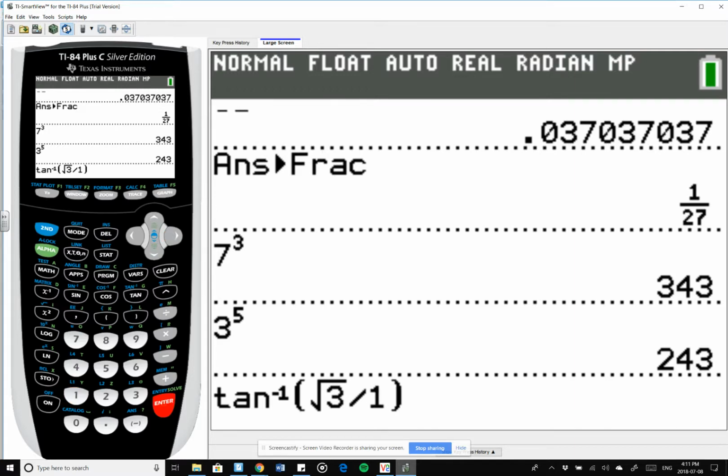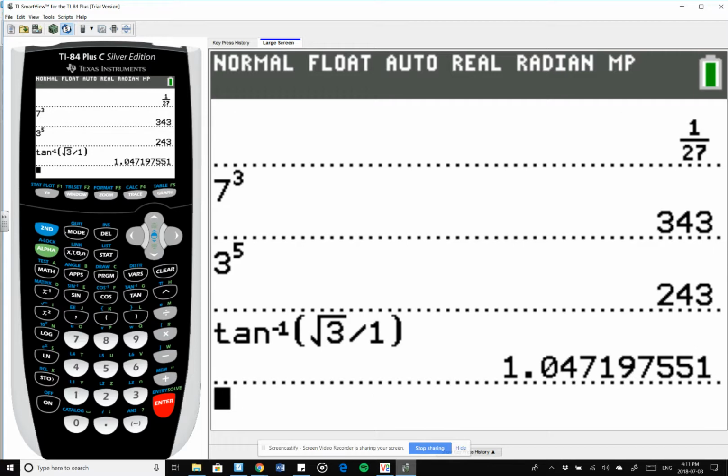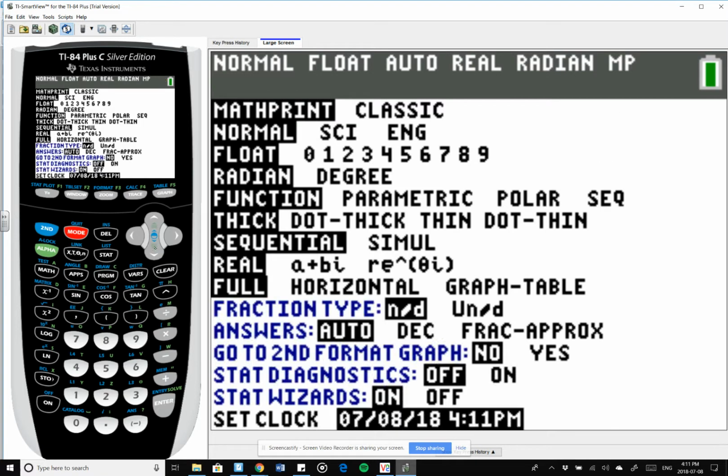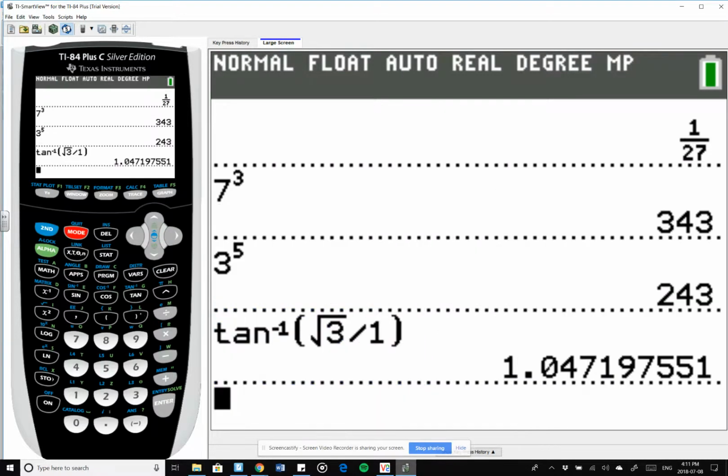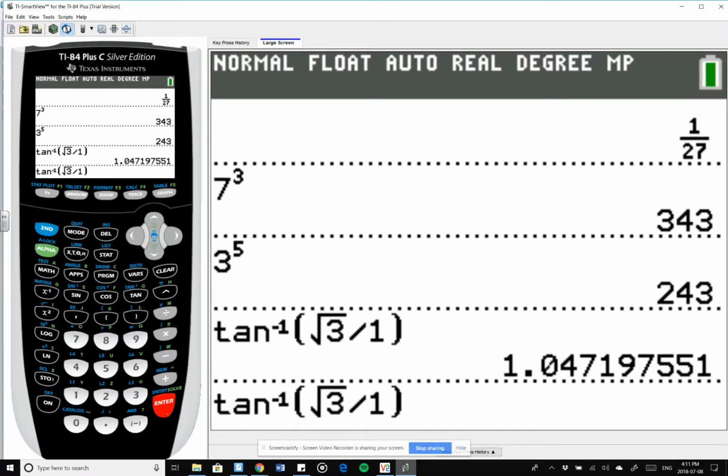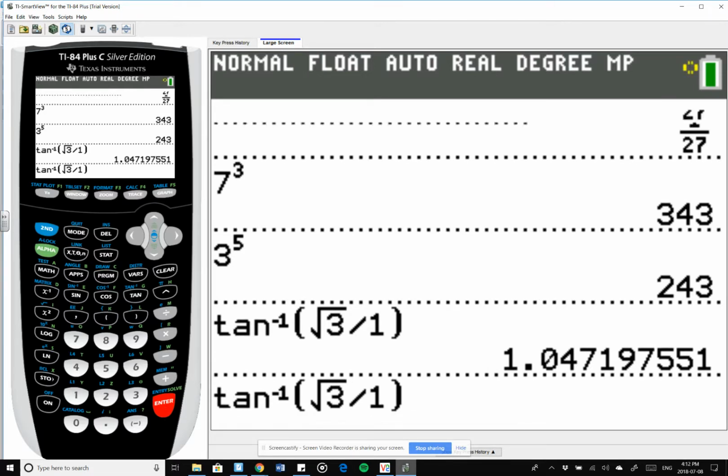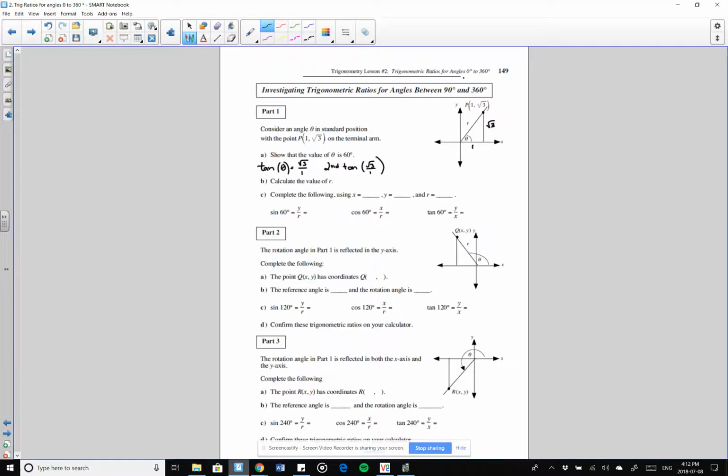That gives me my angle. And make sure your mode is in degree mode. If it's not in degree mode, it's going to give you all of the wrong answers for grade 11. So doing that again, second tan inverse of root 3 over 1, and we get 60 degrees.